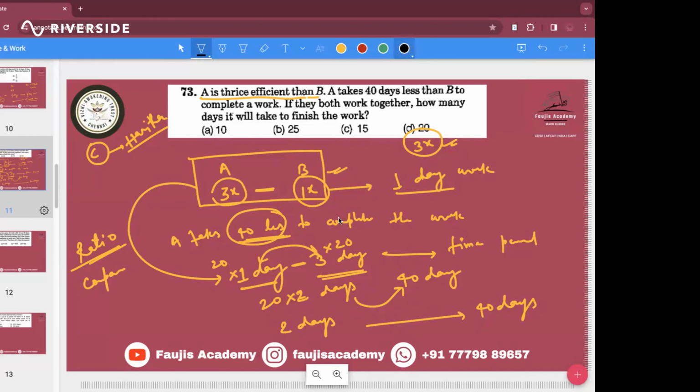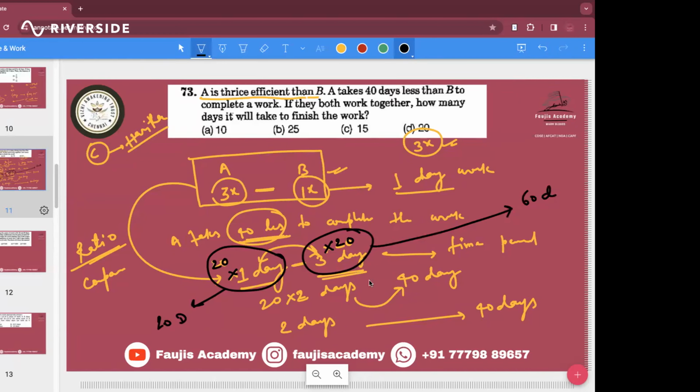Let me write it over here. We'll have to multiply by 20. Which means A will finish off the work in 20 days and B will finish off the work in 60 days.